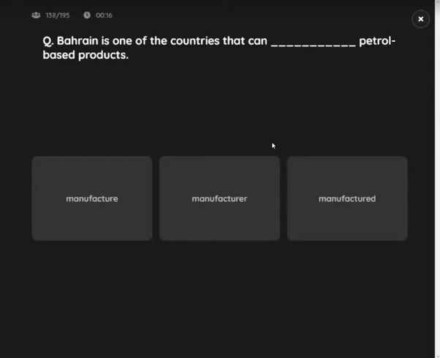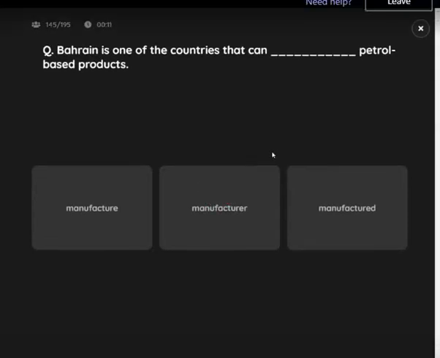What do you think should be used based on the context? Can. 3, 2, 1, and 0.